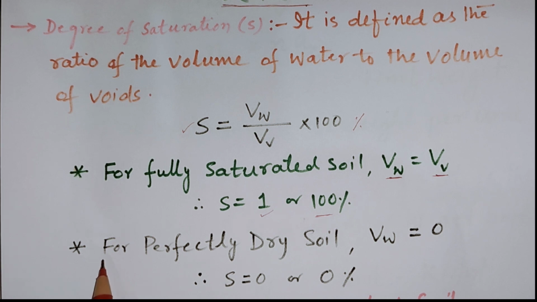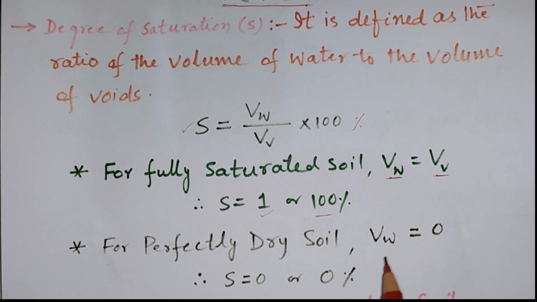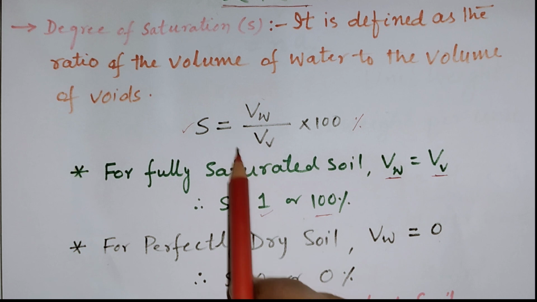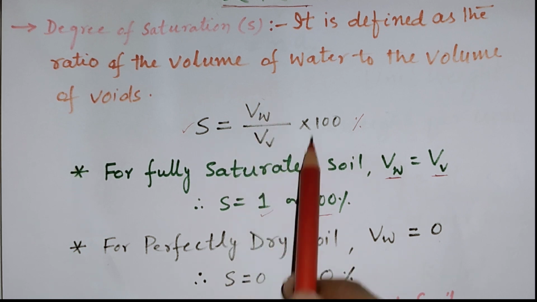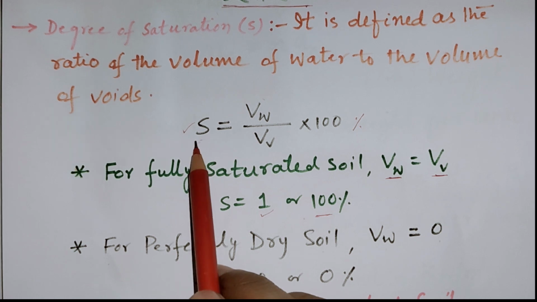On the other hand, for perfectly dry soil, means there is no water, only air, so volume of water will be equal to 0. If we put volume of water equal to 0 here, the degree of saturation will become 0.